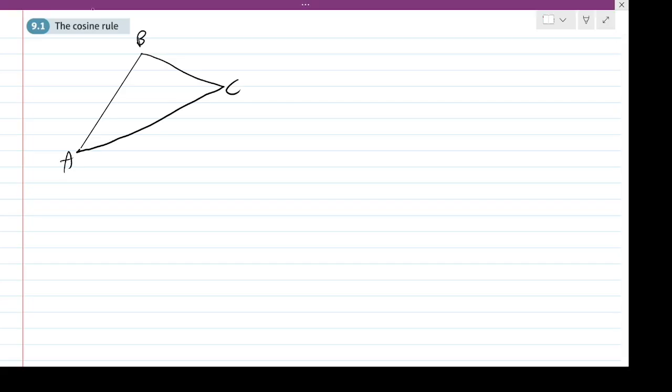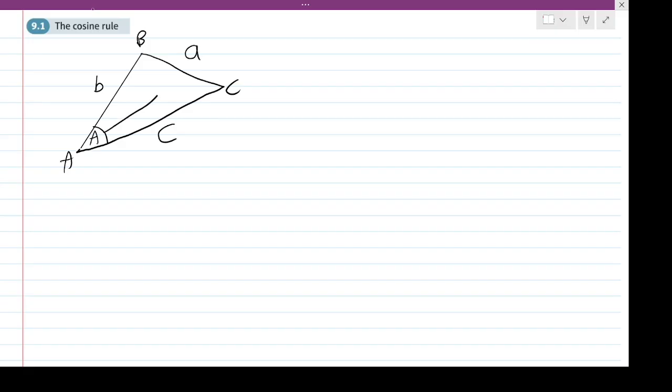If we know an angle, say at A, and we know the two other sides, say this is B and C, then we can find the other side, which we call A.